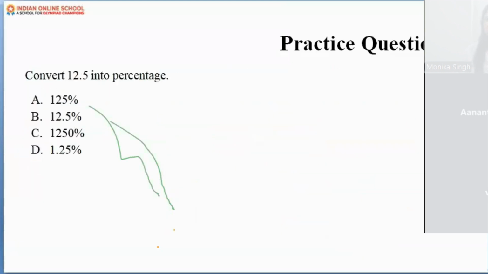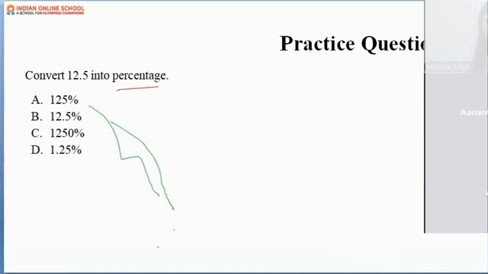Next question. This is for you. You can do it. Convert 12.5 into percentage. Give me the answer fast. Ma'am, 12.5%. 12.5%.